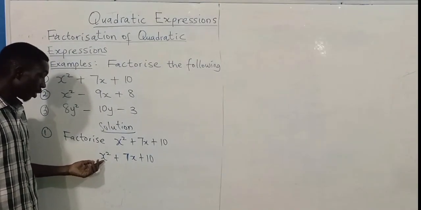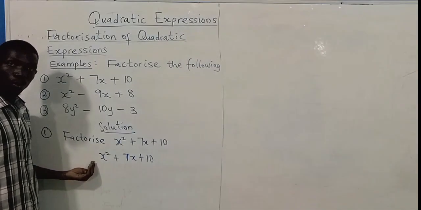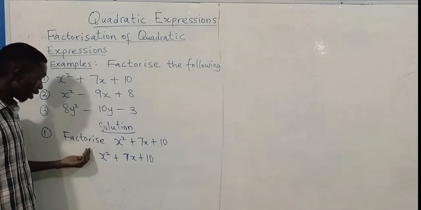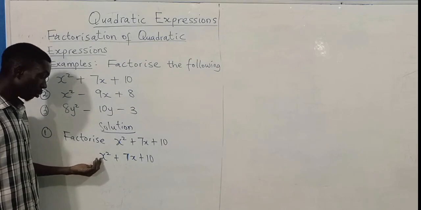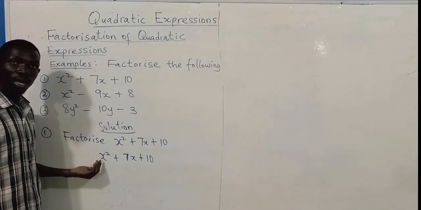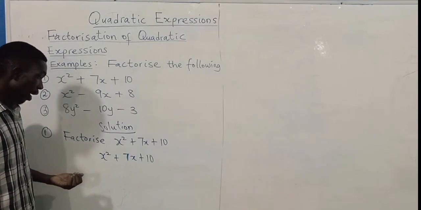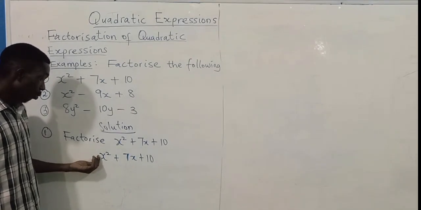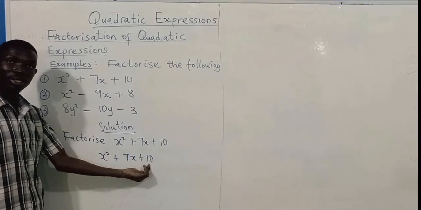So the variable here is x squared. What number is multiplying it? 1. Someone will say there's no number here. Yes, in mathematics, this is 1 times x squared, which will still give you x squared. Is that okay? Alright. So we'll multiply the coefficient of x squared by this constant term.